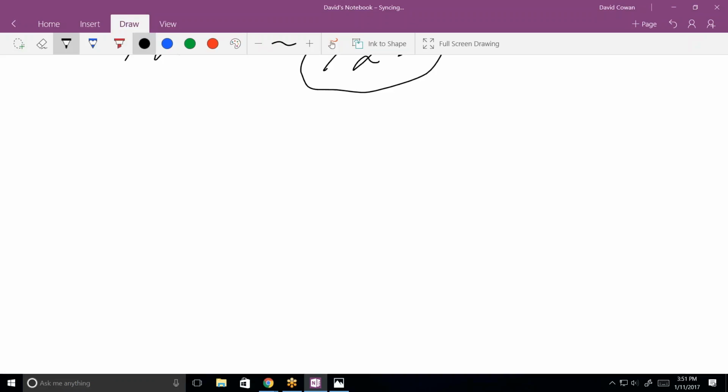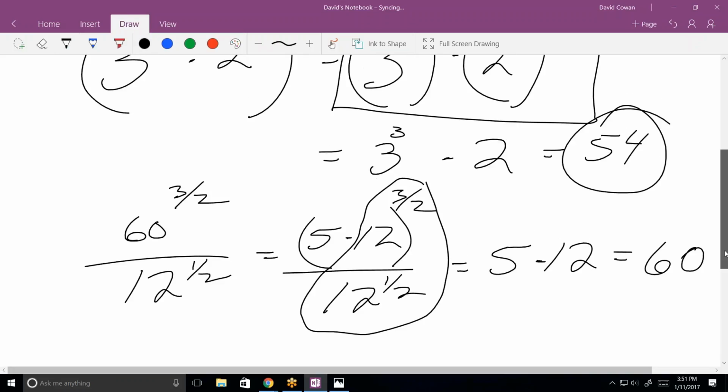That's pretty much just all the general types of problems. So there's nothing, in other words, that last problem was quite different because it was different base to a different exponent divided by different base to a different exponent. But we were able to factor the 60 and turn it into, notice that I made a mistake.